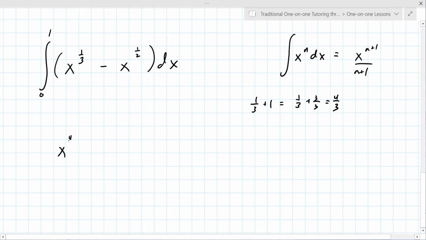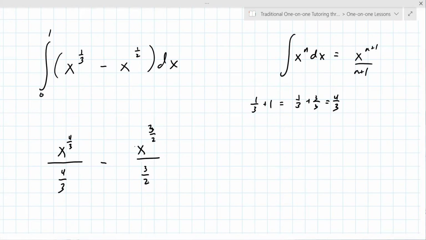So it's x to the 4/3, but then you divide by 4/3, minus x to the 3/2, evaluated at 0, 1.